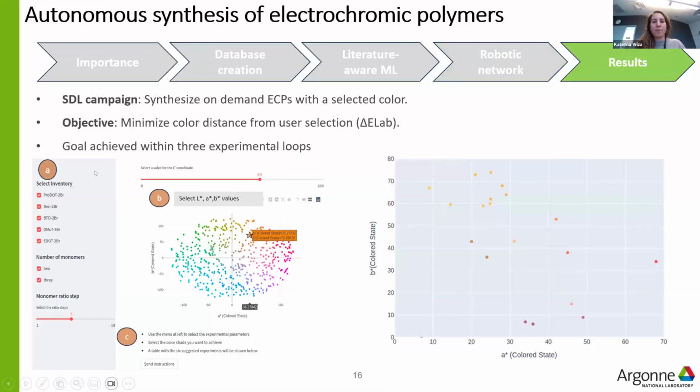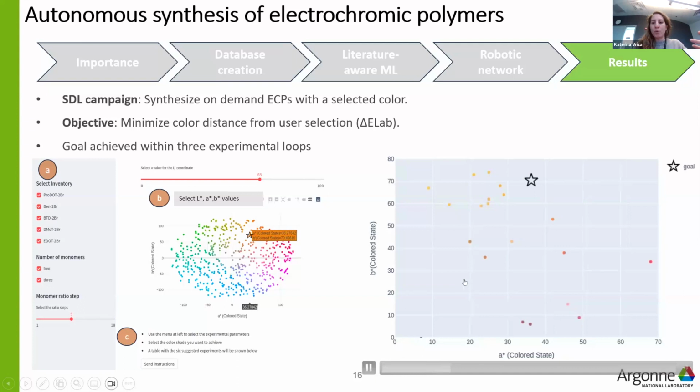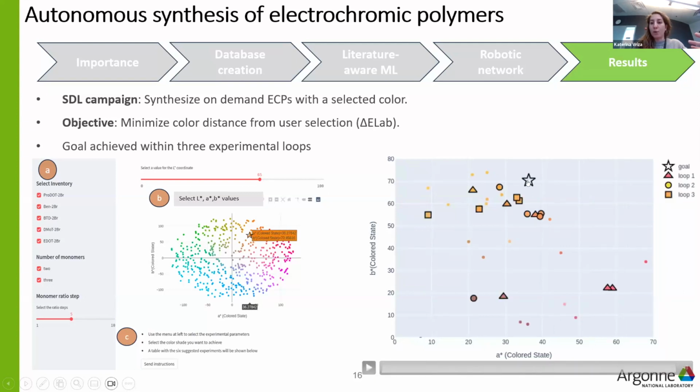So this is how the data looks. If we want to synthesize, let's say, a polymer that has orange color, we can pick which color we want, which kind of monomers we want to combine, and what type of recipe we want, either 2 or 3 monomers, and what the ratio step is. This is what the user is selecting.